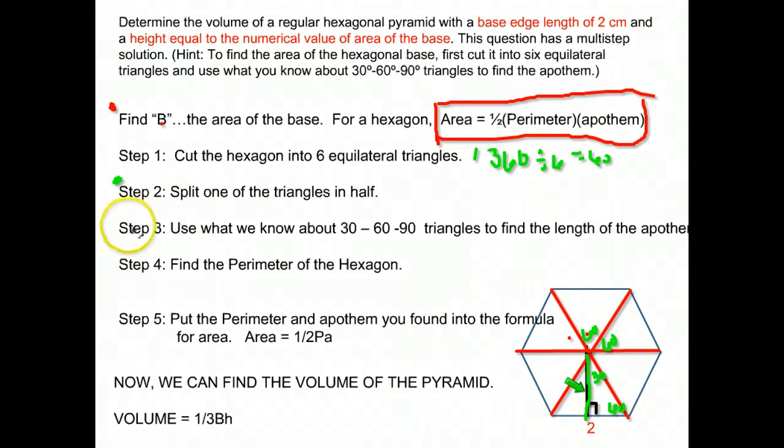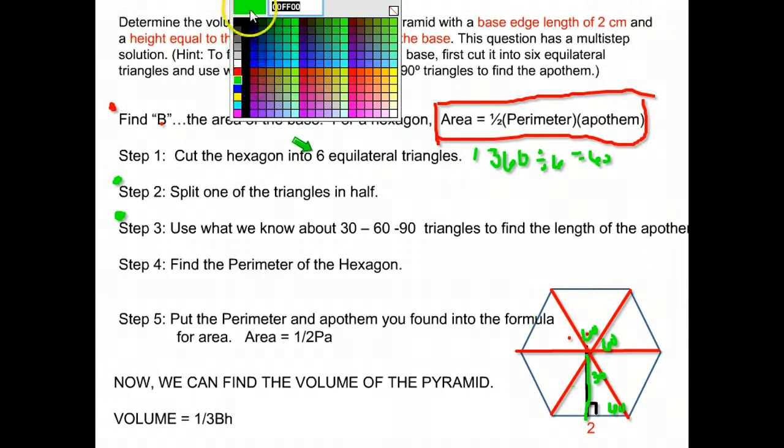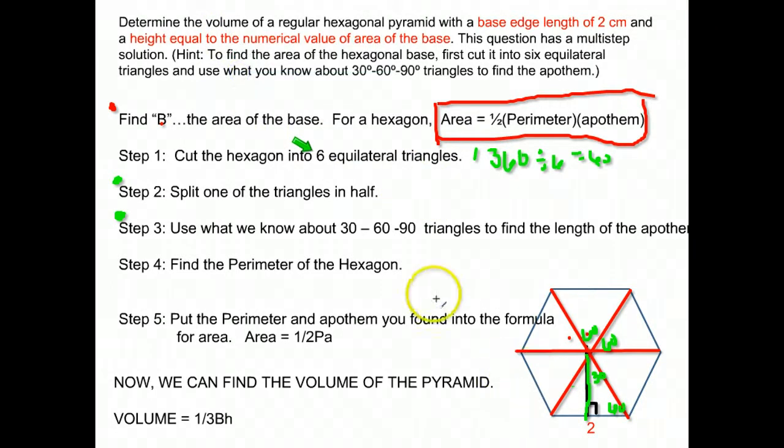That's why they said in the hint, use what you know about 30, 60, 90 triangles to find the length of the apothem, because we cut it into 6 equilateral triangles, and then when we draw the apothem, it splits that triangle in half, giving us a length of 1 right here, because it's half of one of our sides.